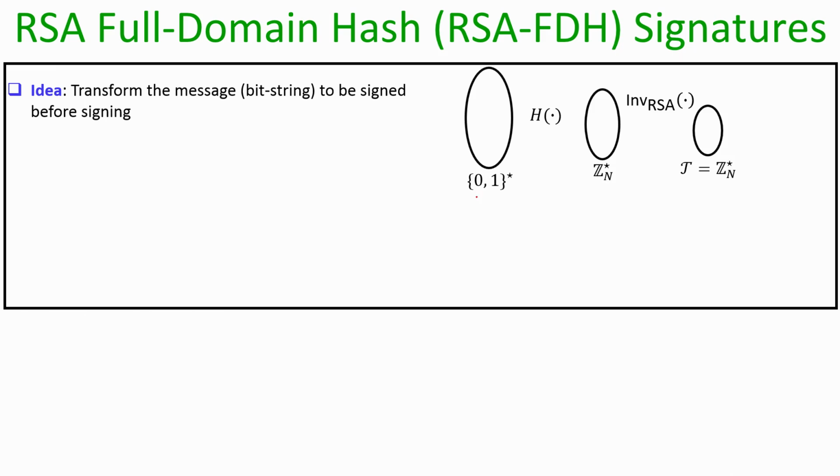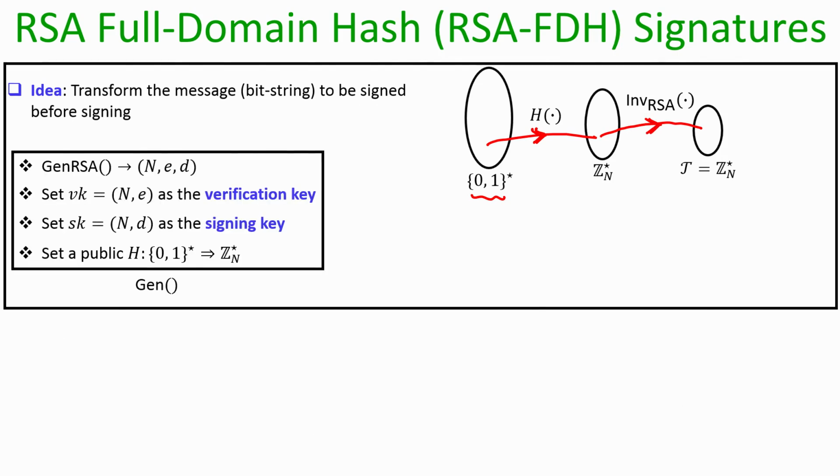The messages which we can sign could be arbitrary bit strings. We map them to elements of Zn star by applying some transformation function which I call the H function, and then the actual transformed message is signed using the insecure RSA signature scheme that we had discussed.